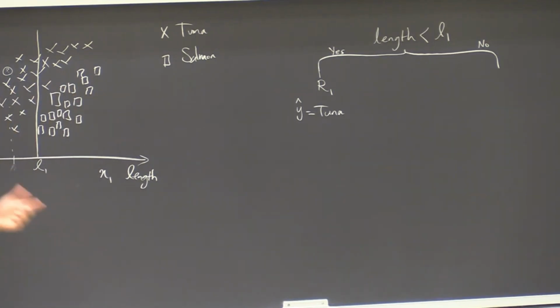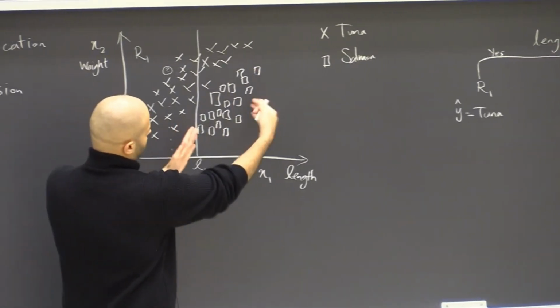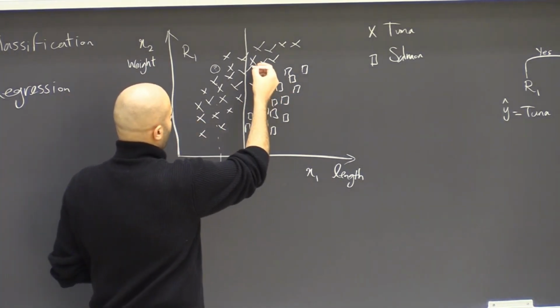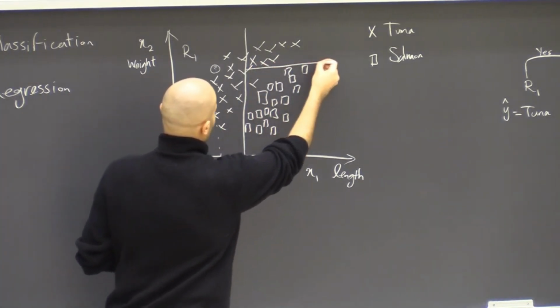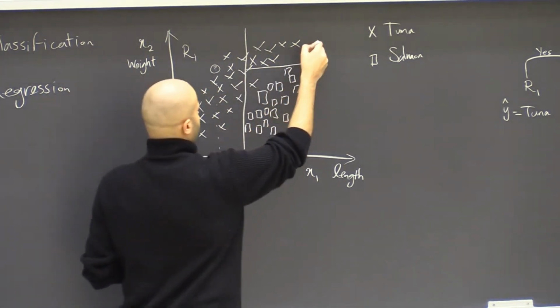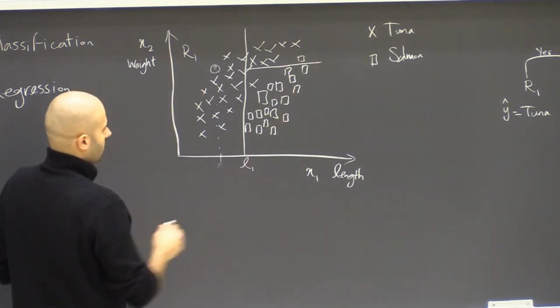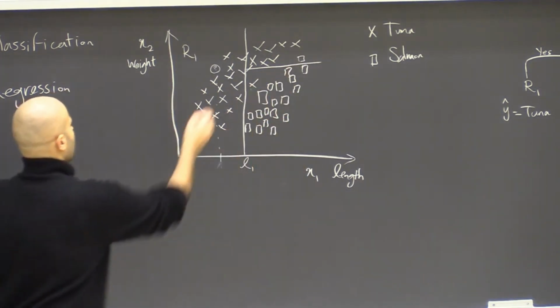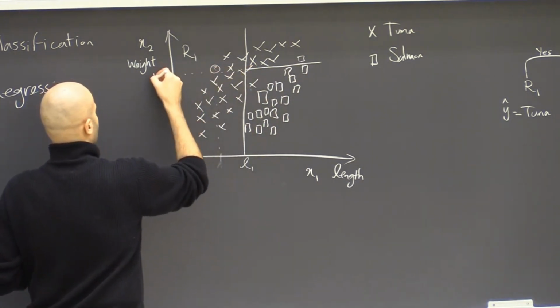If the length is larger than L1, we will be in this region to the right, and then it kind of depends whether we are, let's say, above this line or below this line. So just to make the example a bit more interesting, I'm going to also consider there's a historical data of a salmon here and a tuna here. So this line is some W1.